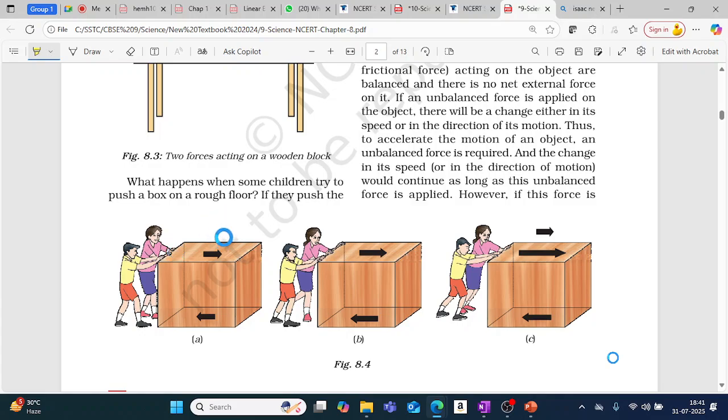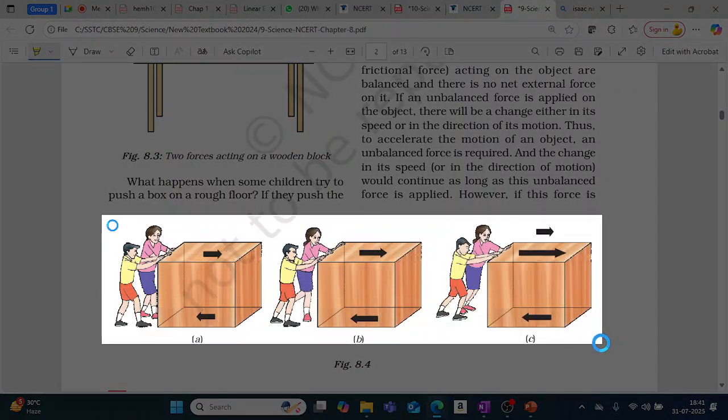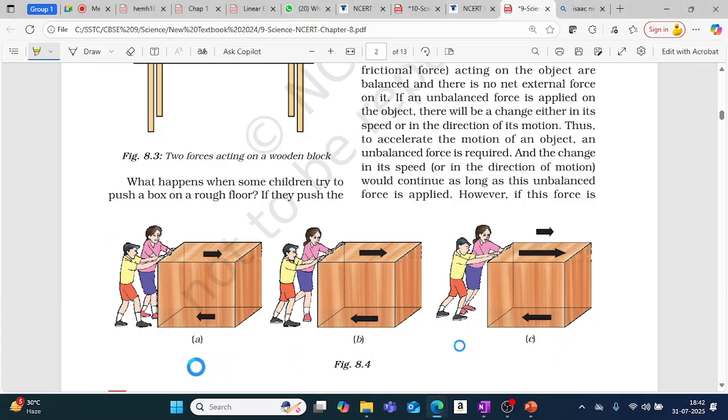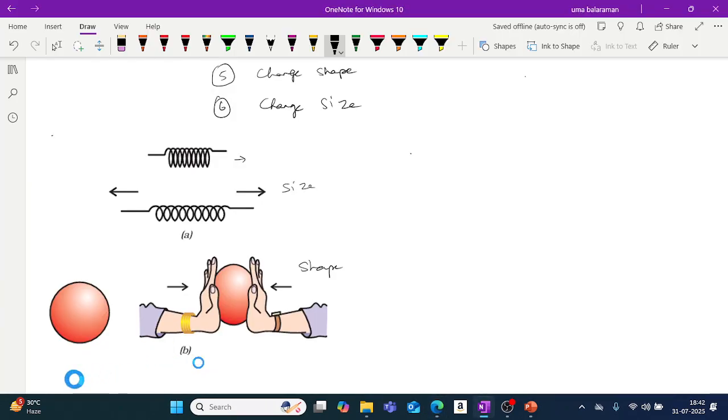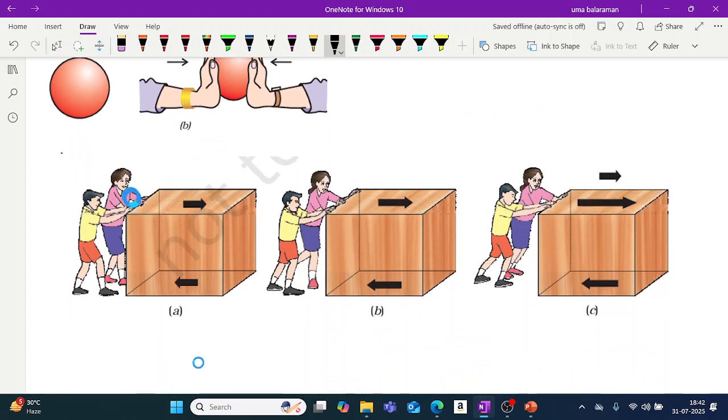Look at this picture. Two people are pushing the box. This is muscular force.